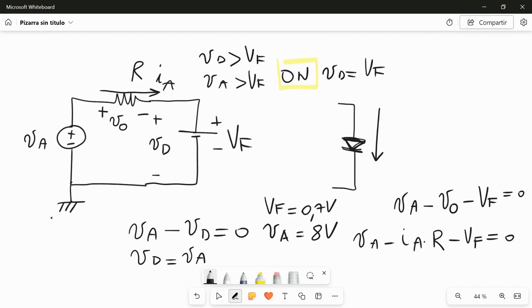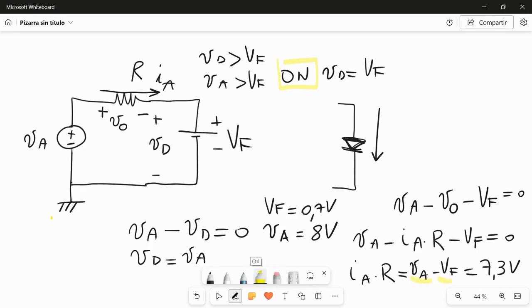So let's find out how much is this voltage drop. First of all, IA times R is equal to VA minus VF, equal to 7.3 volt, because we have 8 volt minus 0.7.